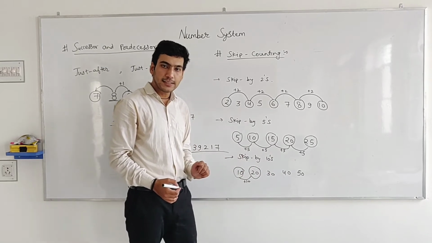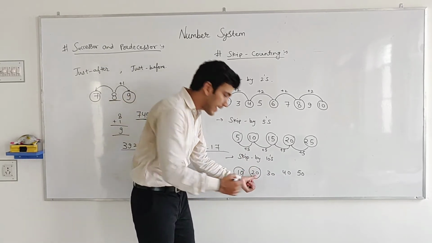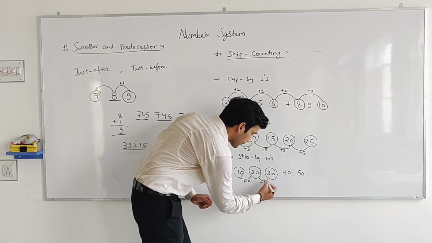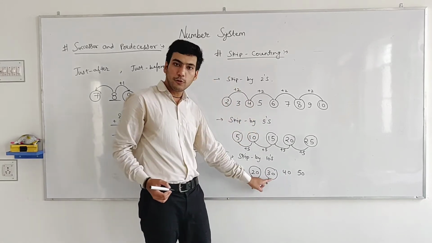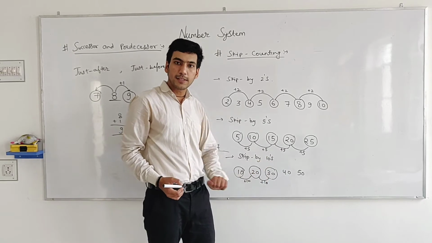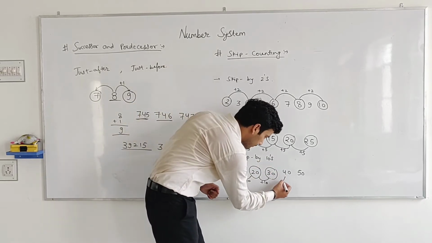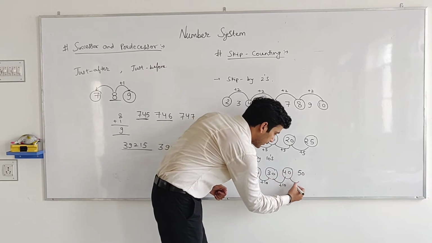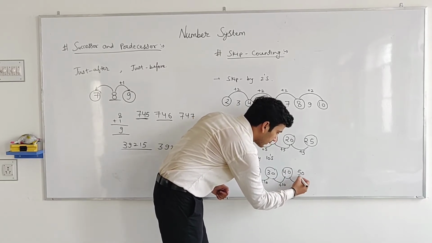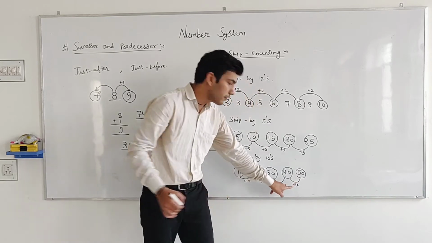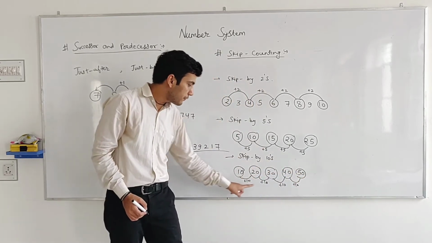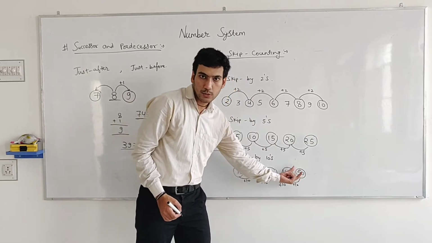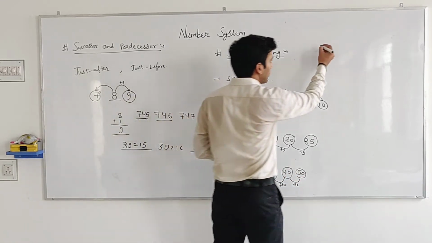Again, if you add 10 to this 20, then 20 plus 10 is 30. And again, 30 plus 10 is 40. And last, 40 plus 10 is 50. Then you can see there is a fixed gap of 10 between these numbers. Okay, students?